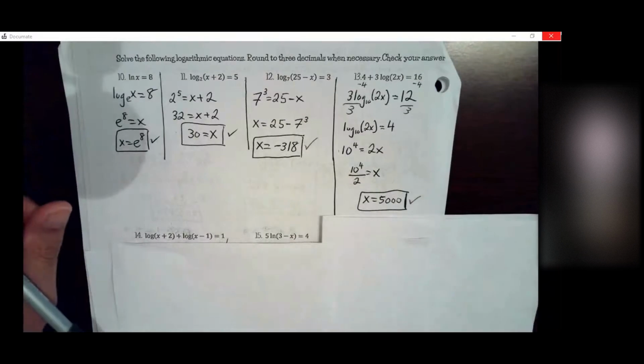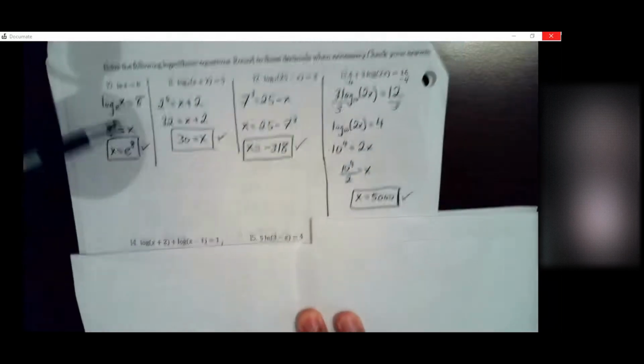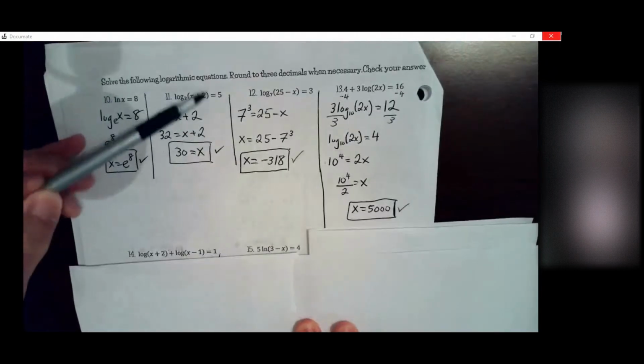Number 14. How would I do this one again? So we want to eventually get that left side to look like this.